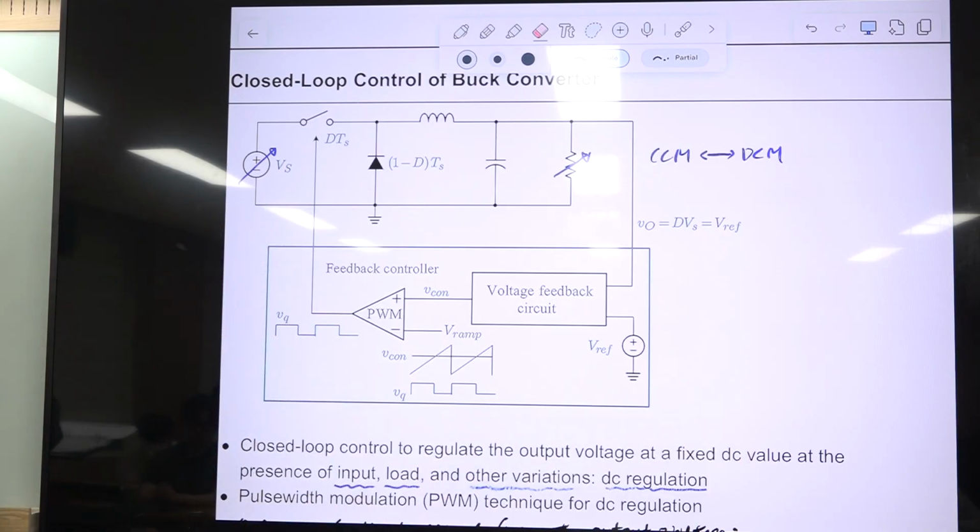Maintaining our voltage in the presence of some noise in the input voltage is called input regulation. And the feature of the output voltage being constant in the presence of some noise in the load current is called load regulation.